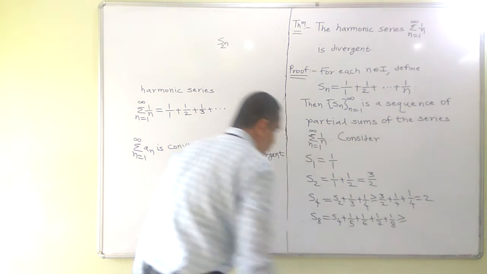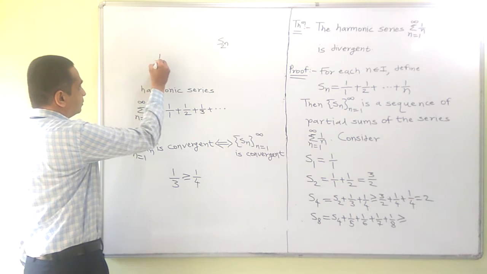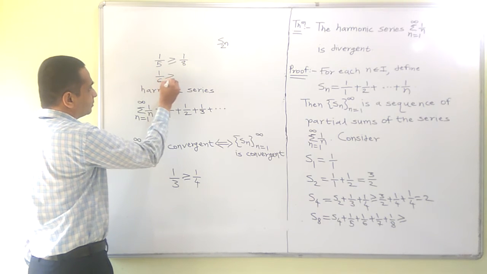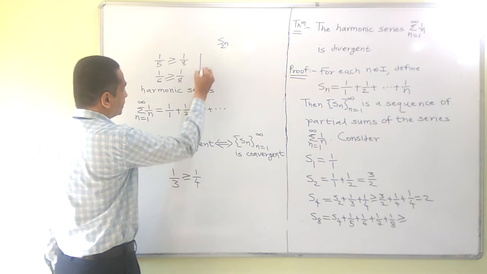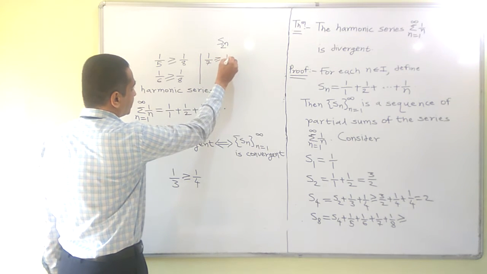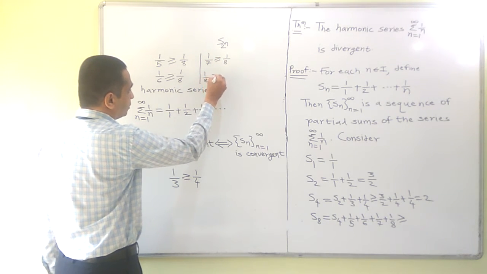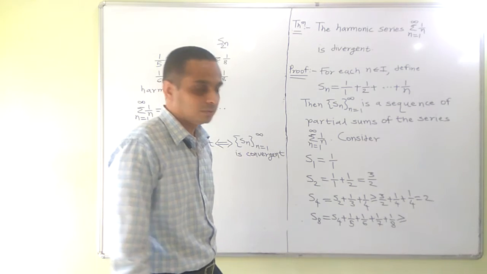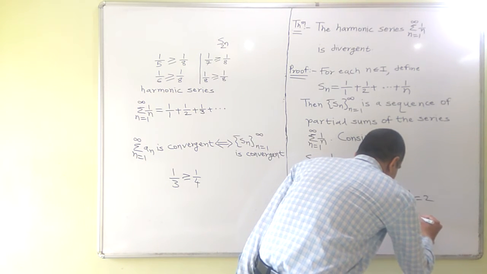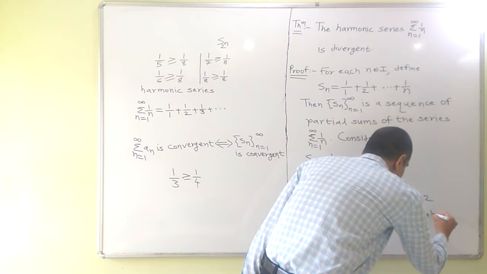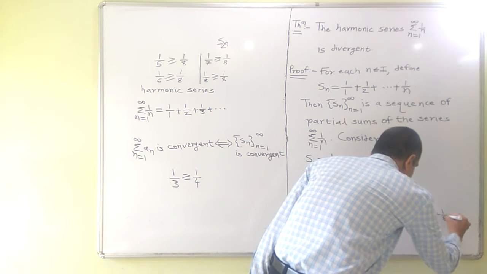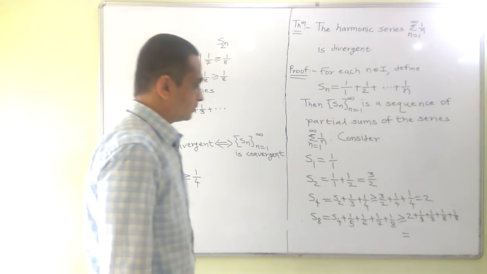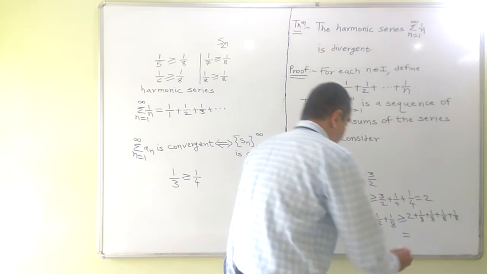Now note that 1 by 5 is greater or equal to 1 by 8, 1 by 6 is greater or equal to 1 by 8, similarly 1 by 7 is greater or equal to 1 by 8, and 1 by 8 is greater or equal to 1 by 8 itself. So I could write this as S_4, which is equal to 2, plus 1 by 8 four times. So this is equal to 2 plus 1 by 2, that is equal to 5 by 2.